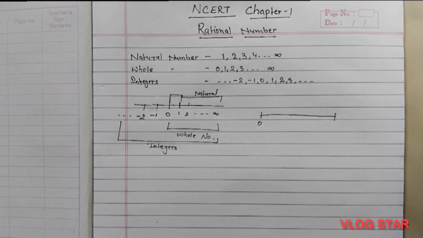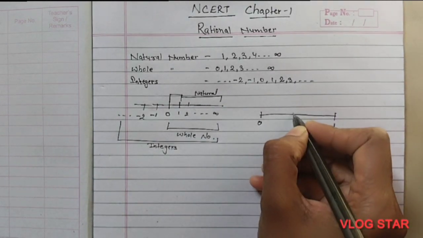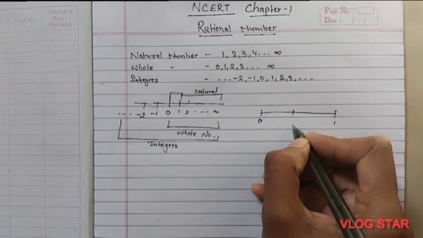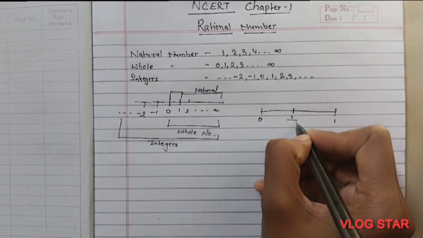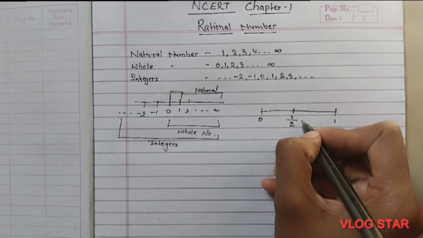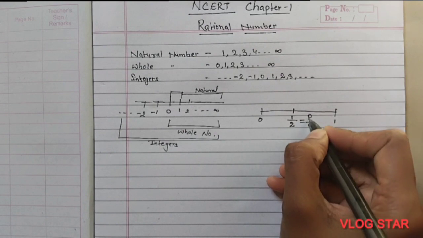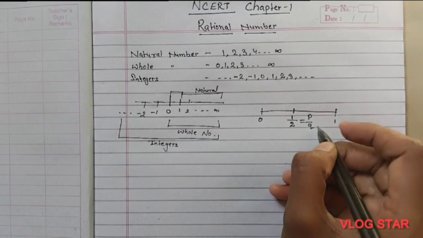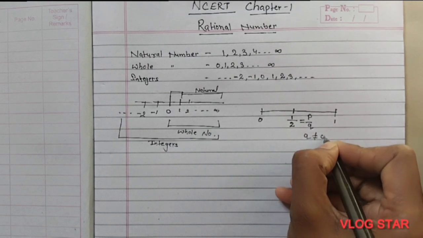Okay, suppose we have a number line from 0 to 1 and I have to divide it into two parts. Then how would you divide it? It will be 1 by 2. In general form, this is called p by q form. p is the numerator, q is the denominator, and q is not equal to 0.